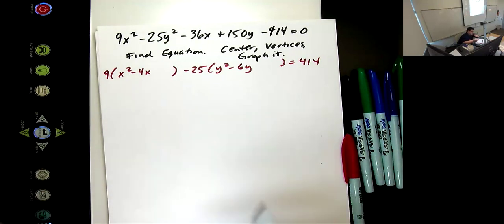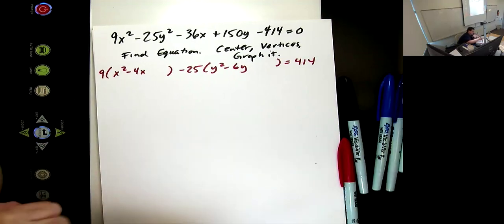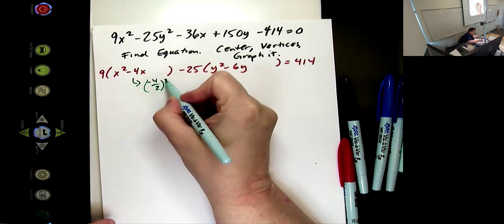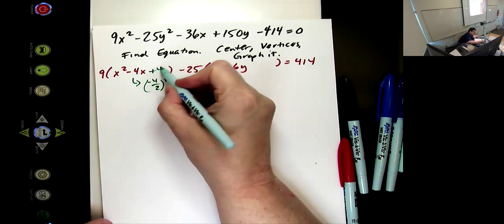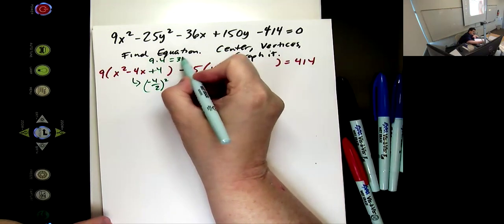So let's complete the square. Half of it is +4, so this is 9 times 4, which is 36.